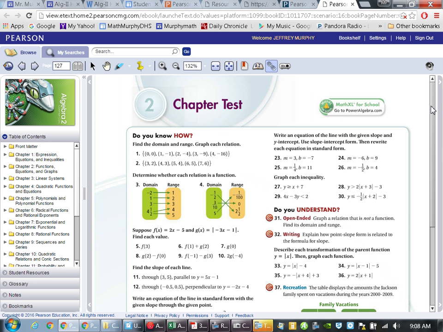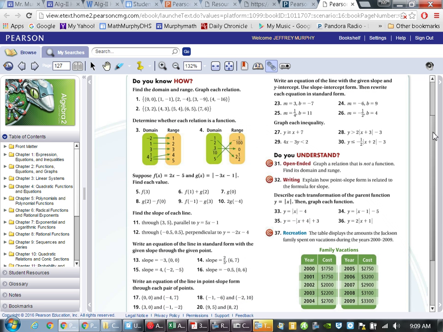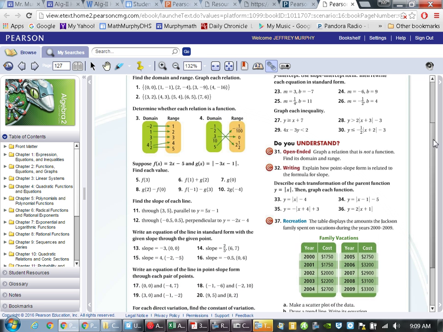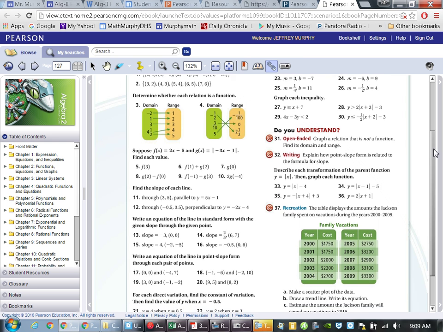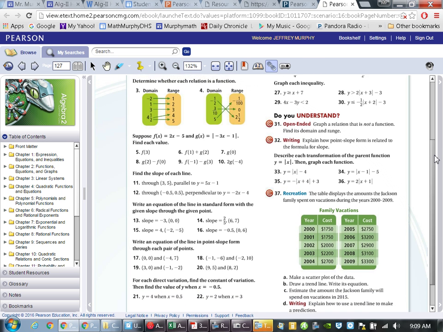So let's do this. This is on page 127? Let's do evens, but I don't want you to graph. Let's go evens up to 20.